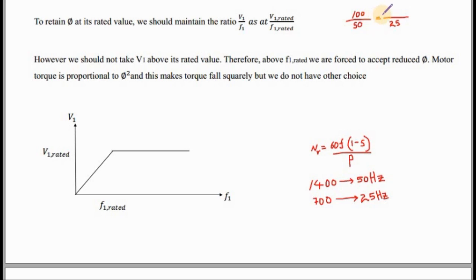So to keep psi at its rated value, we need to apply voltage as 50 volts, because this ratio is 2, so 50 divided by 25 should also be 2.